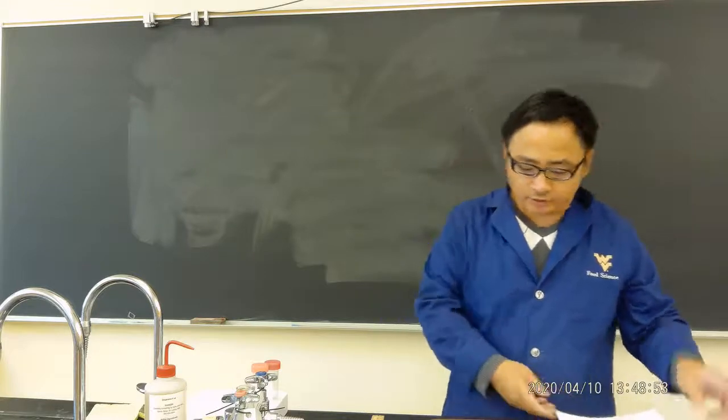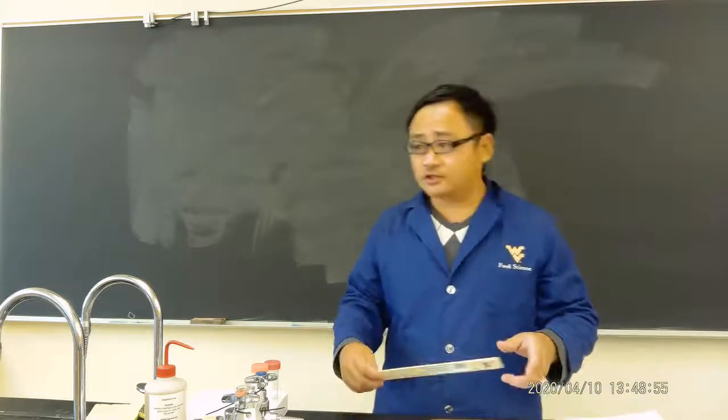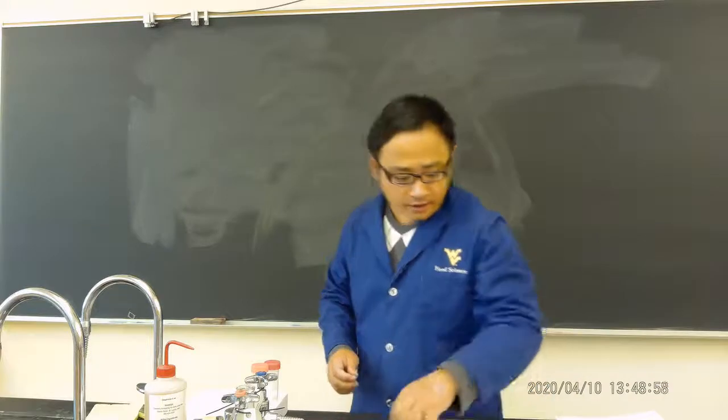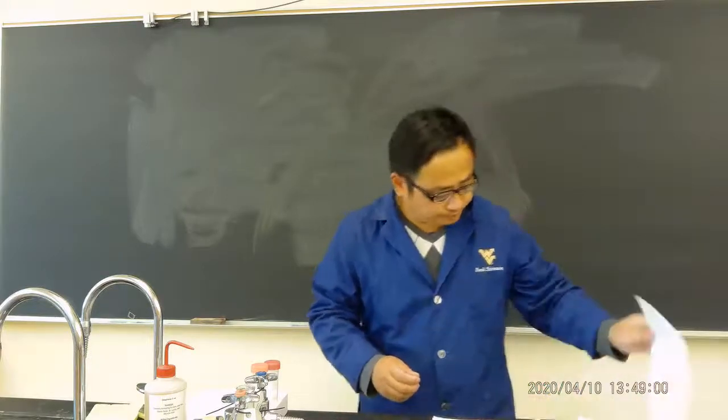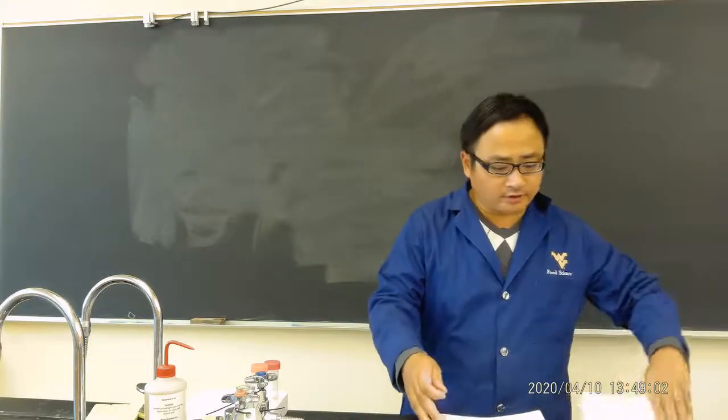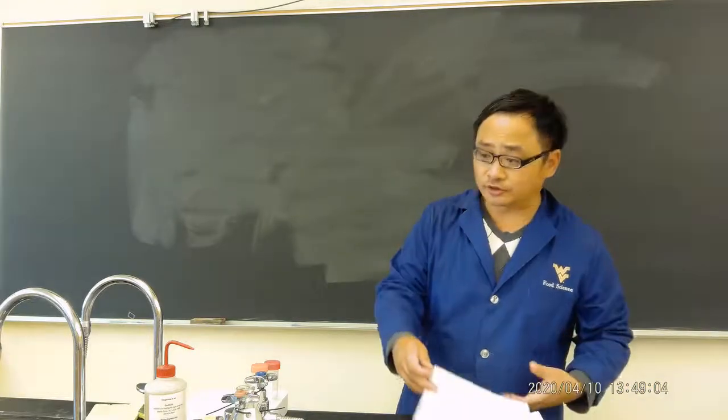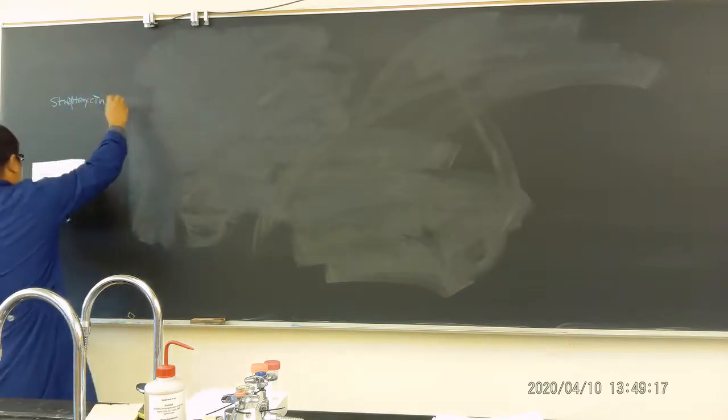Now, let's talk about today's lab. Let's go over some of the results. First thing is the demo. The demo, what I did is antibiotic resistance. So what we had is streptomycin, and I said we have different standards.